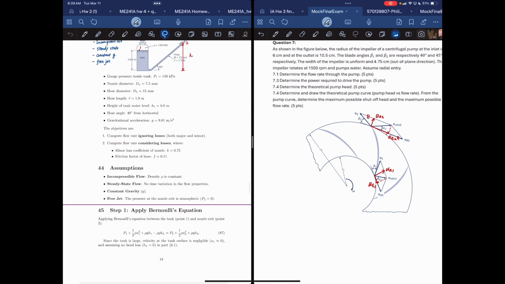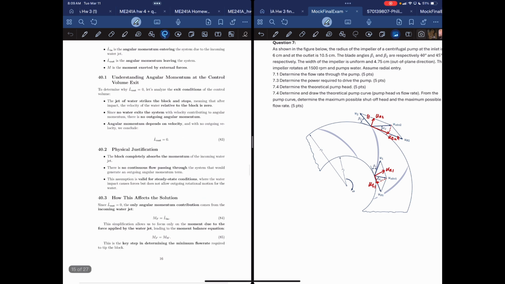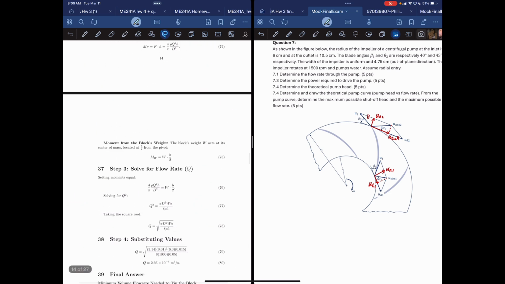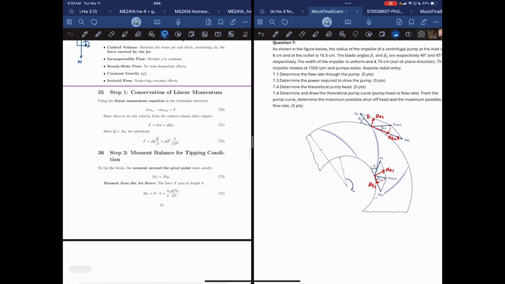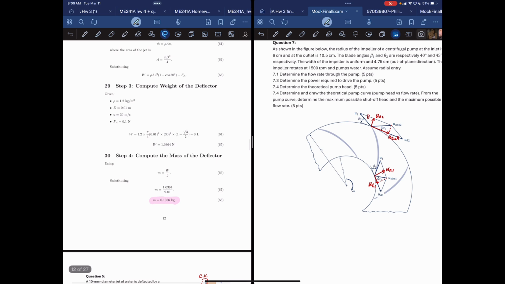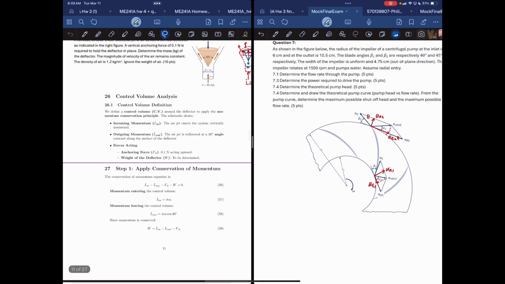Could you help clarify it? For the momentum balance, it's usually tangential, you said? Yeah, just in simple terms, how do we know when to use the normal velocity and the tangential velocity? Oh, okay. It depends on what you're trying to find, and it'll tell you what kind of pump it is.